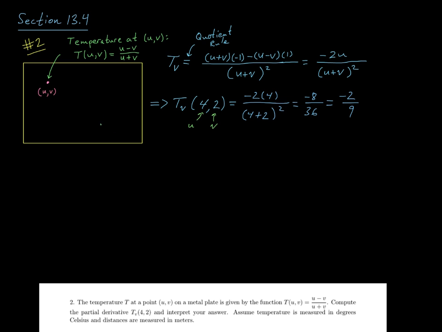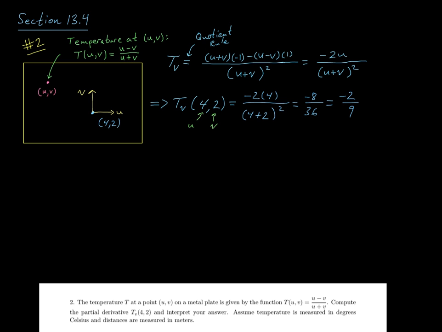Over here in the picture, let's say here's the point (4, 2), and let's say this direction here would be the u direction, and this direction here would be the v direction.